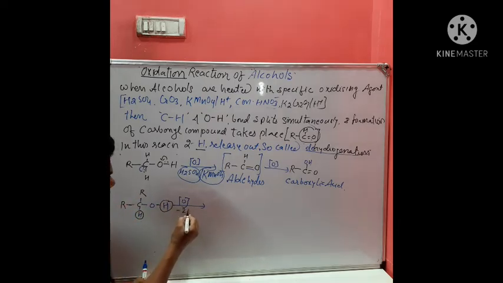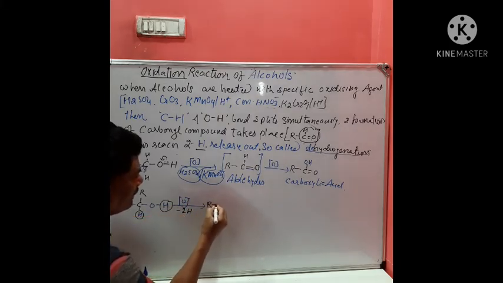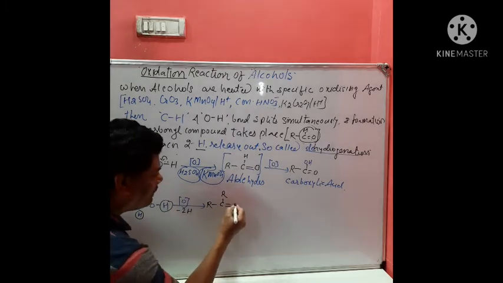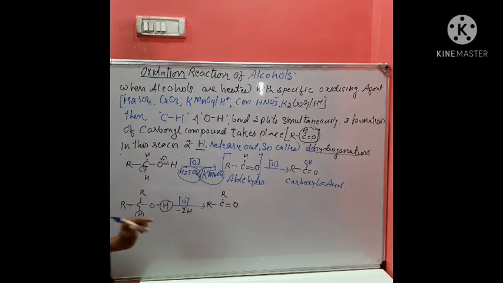You can write here 2H. So this H2 will become O, H2O. That means now R, this is C, this is R, and now there will be a double bond O. That is the ketone, formation of ketone takes place.